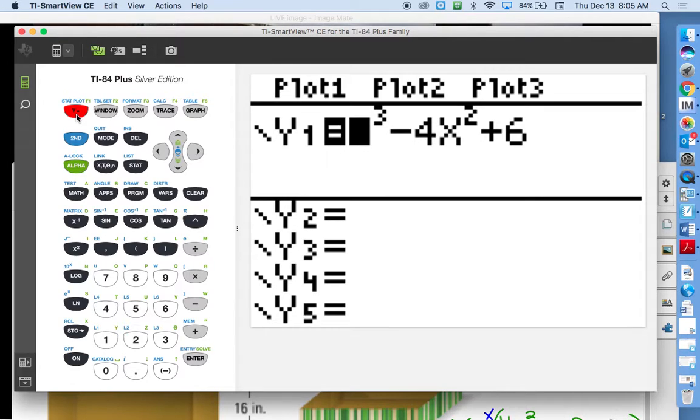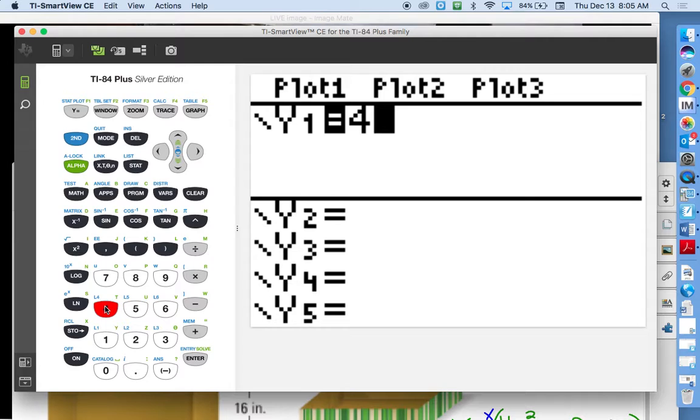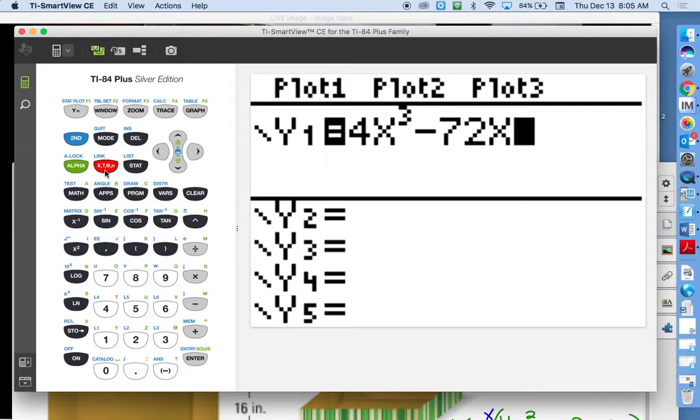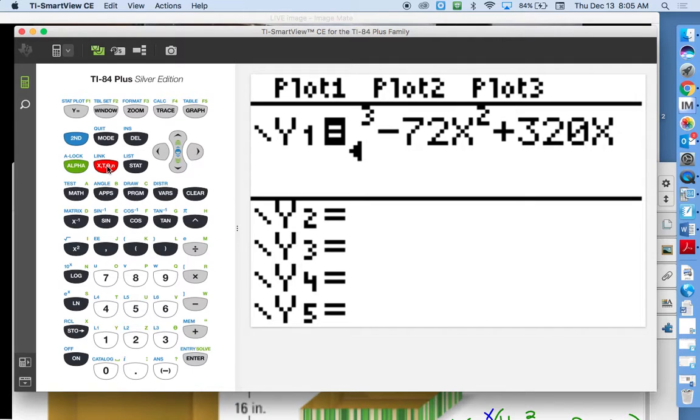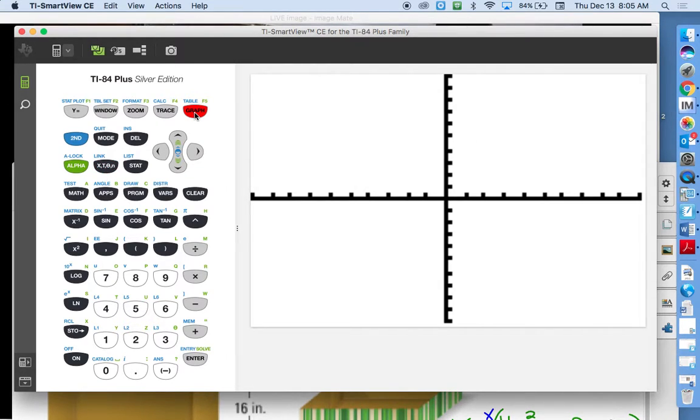So 4x cubed, 72x squared, 320x. So I currently have what looks like a vertical line and then another line on here.